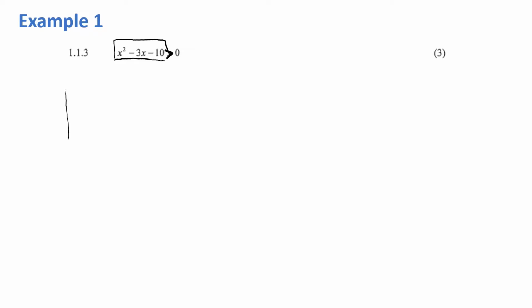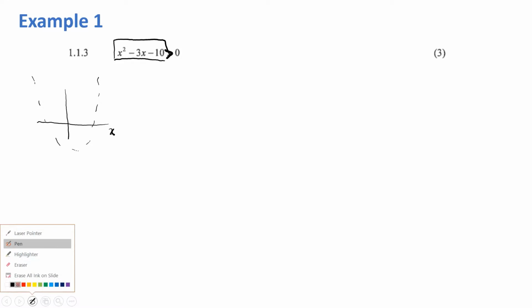Well, if we draw this, and again on the x-axis we happen to have x, and we have a parabola here that looks something like this. This is not correct to scale or anything, it's just purely for illustrative purposes.